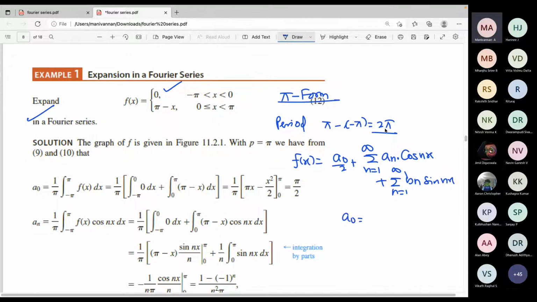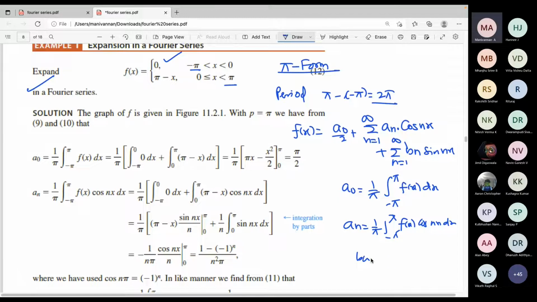Where a naught is half of the period, which is 1 by pi, and it is defined from minus pi to pi. So the formula will start with minus pi to pi f of x dx. And then my a n is 1 by pi minus pi to pi f of x cos nx dx. And then my b n will be 1 by pi minus pi to pi f of x sin nx dx. So this is the corresponding formula.